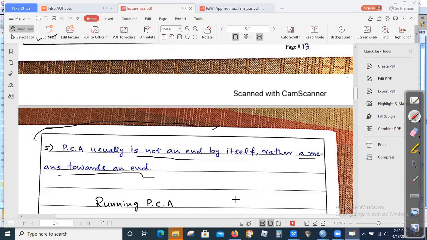So when you are using the results of PCA in subsequent analysis like econometric analysis or regression analysis, then we say that PCA is not an end by itself. It is a means towards an end, okay? So with the help of the results of PCA, you can have a better idea of your next step of analysis. Therefore, PCA should be considered as the initial part of the broader analysis rather than the whole analysis.